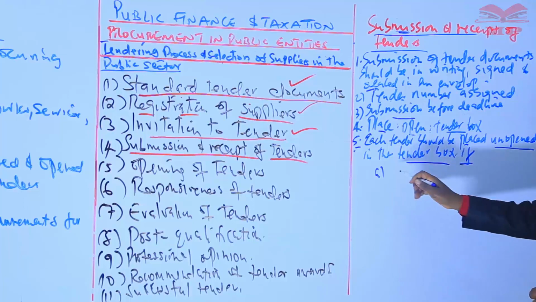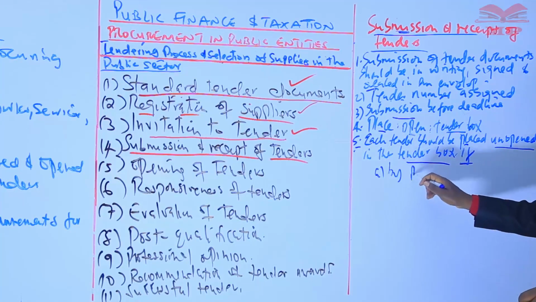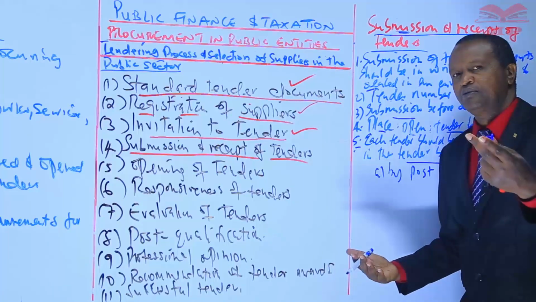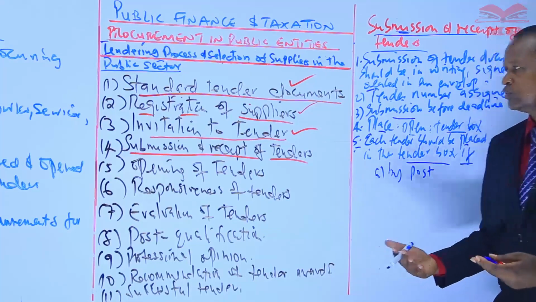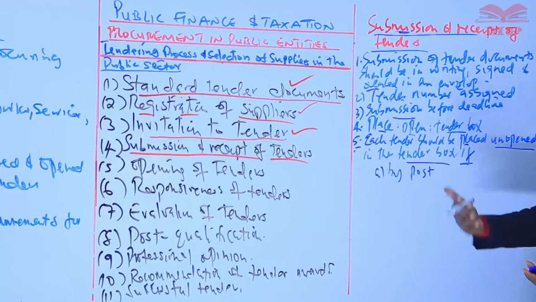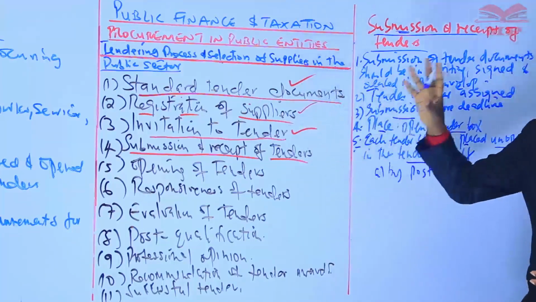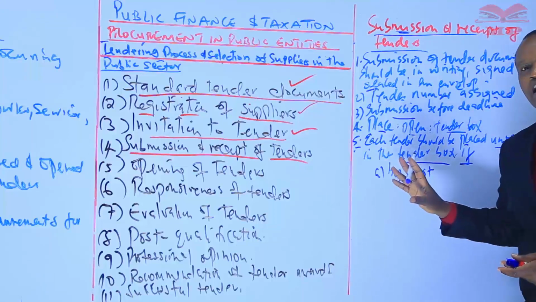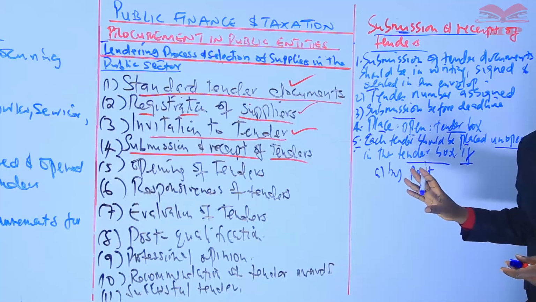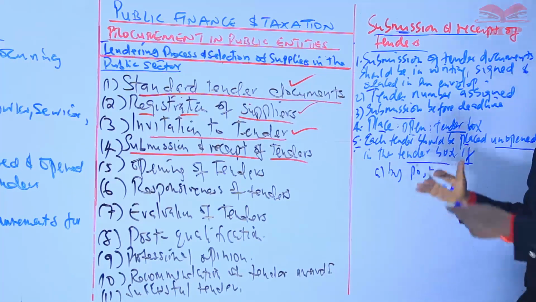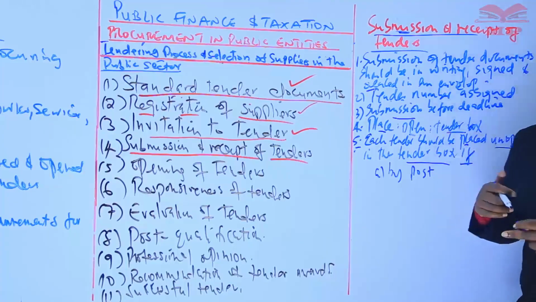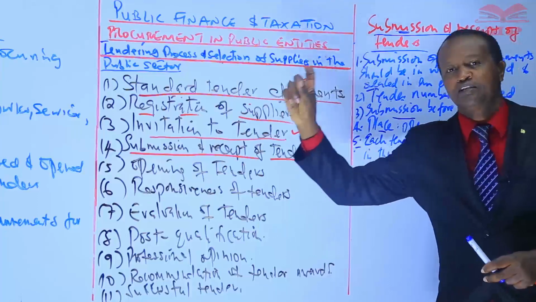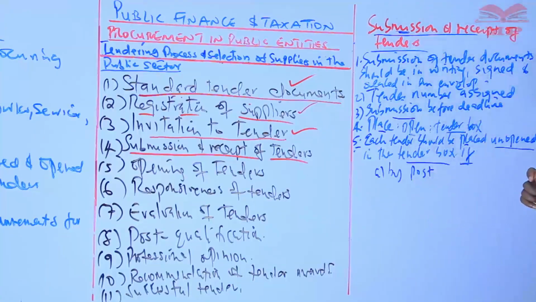If the tender is delivered by post, for example, you are placing a tender and you are sending it by post to a procuring entity, then it means that an employee or a staff of the procuring entity is expected to go and collect the mail from the post office.